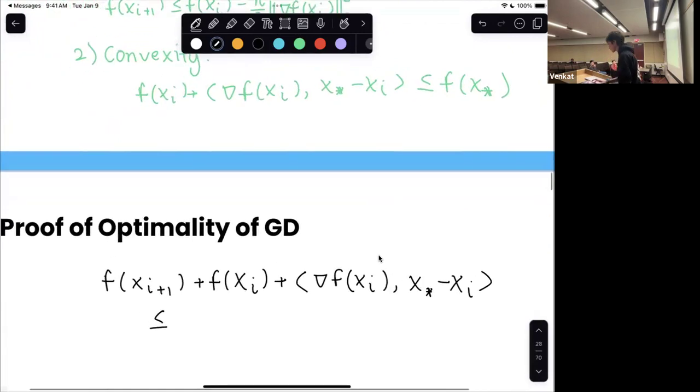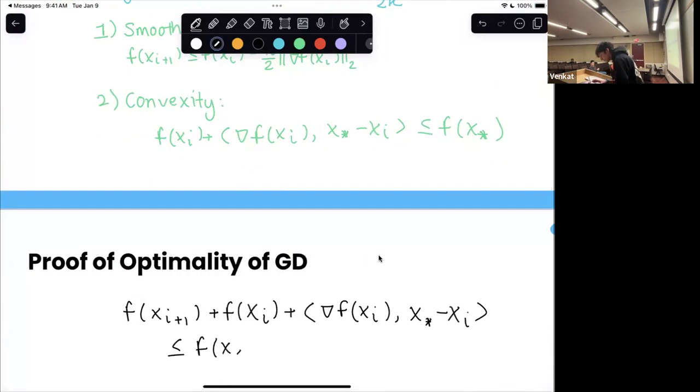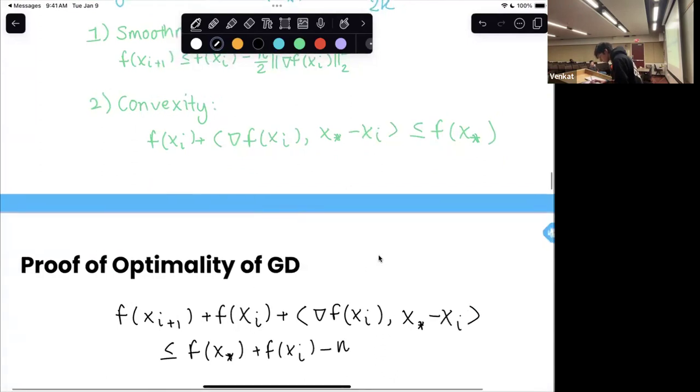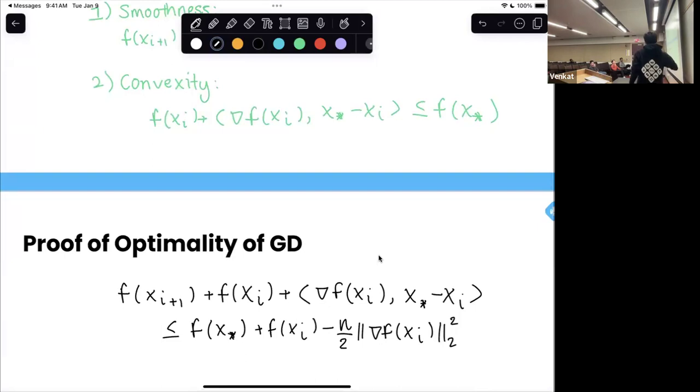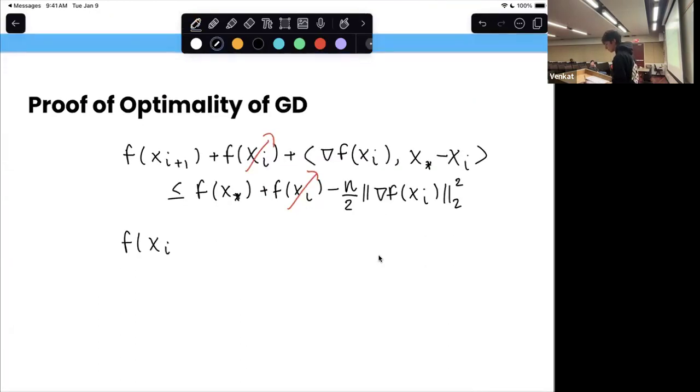Just for lack of space, I'm writing it on two lines here, so hopefully that's not too confusing. Okay, so I just added equation 1 and equation 2 together, and you get this. Now we're going to do some algebraic simplification. First thing we can do is knock off the xi's. You can just subtract them, and they cancel each other out. Okay, so what we then have is this.